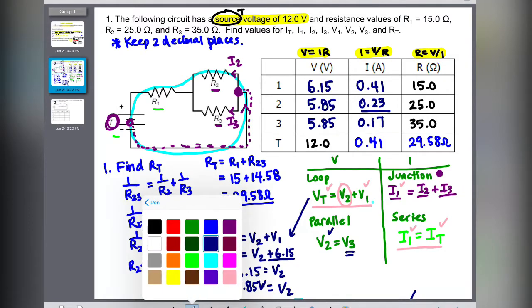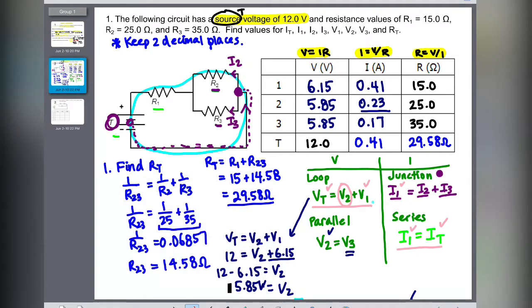Let's see how the mark goes. This question will be out of 8. It's a big question. You get 1 mark for finding the equivalent resistance. You get 1 mark for each of these equations. So make sure you do your Kirchhoff's law chart, because if you don't, you're going to lose marks. Even if the whole chart is filled out, I'm not going to give you 8 out of 8.